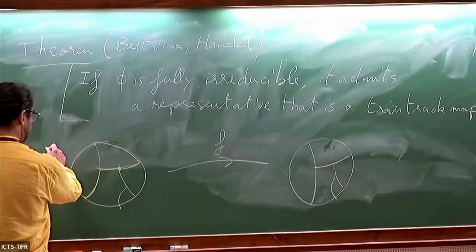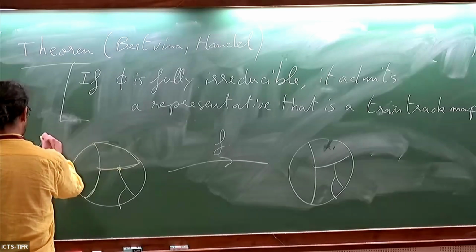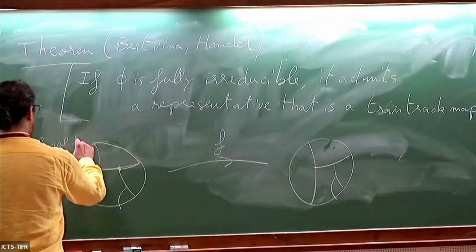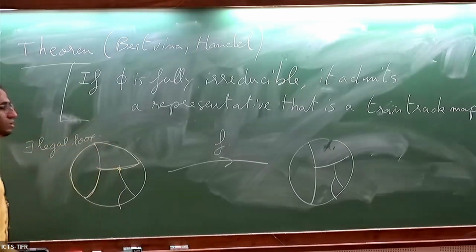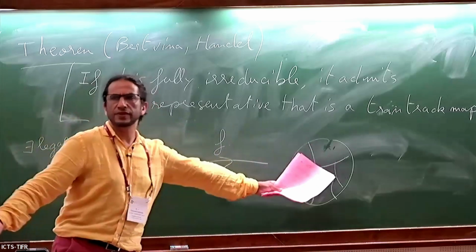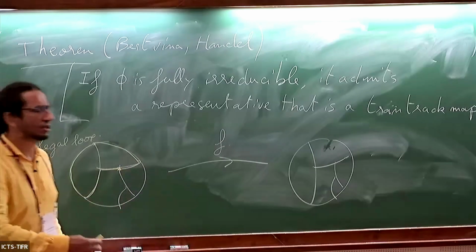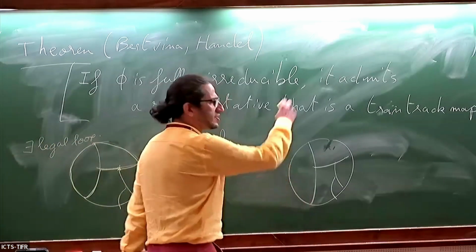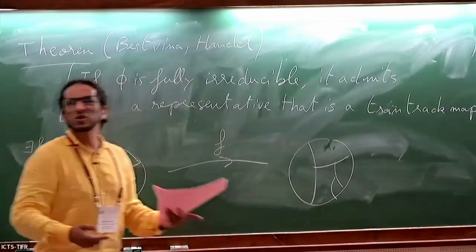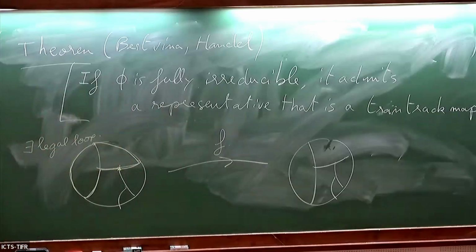And I want to know what its length is here. Well, it depends on the length of my edges, but everything is sent on something legal. So there has been no cancellation.